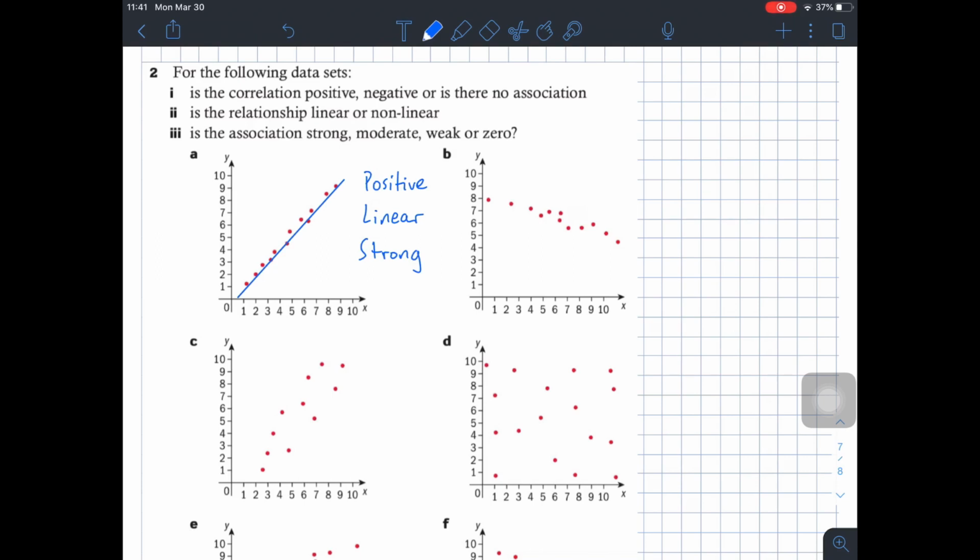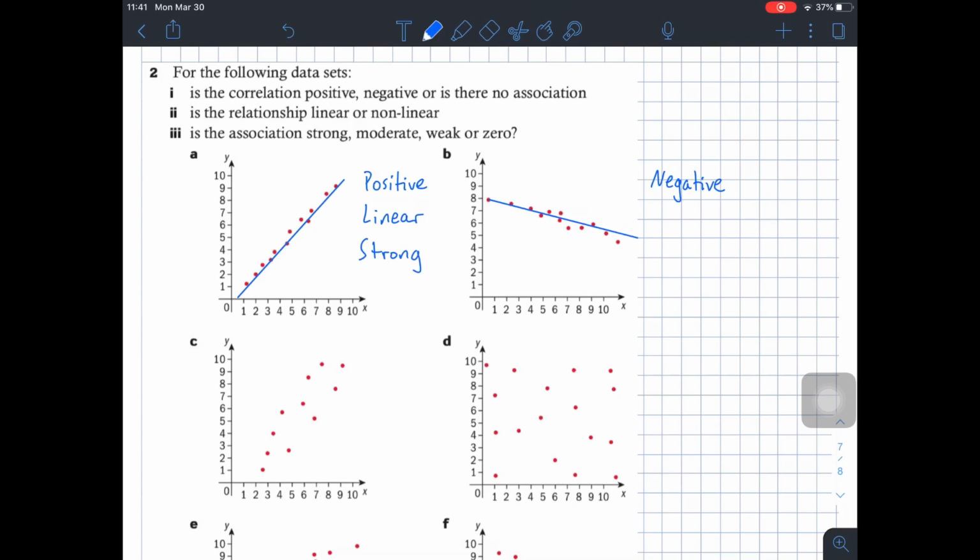Then part B, correlation positive, negative, 0. This is a negative correlation because it has a downward trend. So negative. Then is it linear or non-linear? Once again, this kind of looks linear.